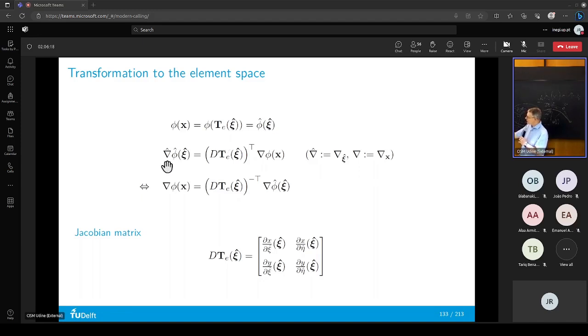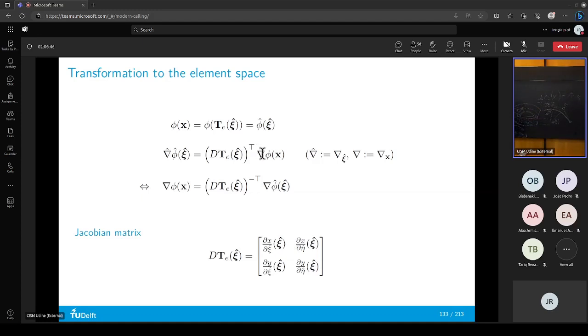If you want to calculate derivatives here, a derivative with the hat means a derivative with respect to the reference space variables. We get this term. What is it? It's just the Jacobian. If I'm too quick, let me know. But if you do FEM, this is the bread and butter of it. So you get it here with the transpose.